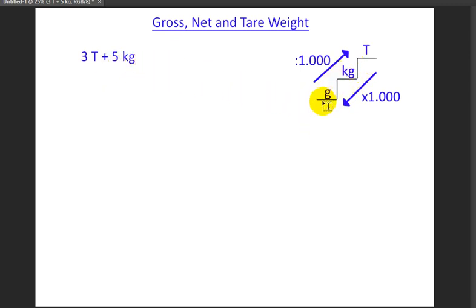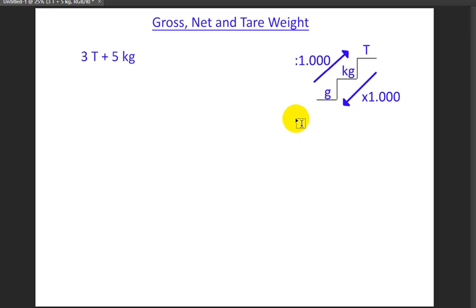To do that, we use this ladder that has the units of measurement of weight. At the top, the greatest one is tons, in the middle is kilograms, and at the bottom is grams. The difference here compared with lengths is that when we were talking about lengths, each step up or down just meant that I had to multiply or divide by 10.